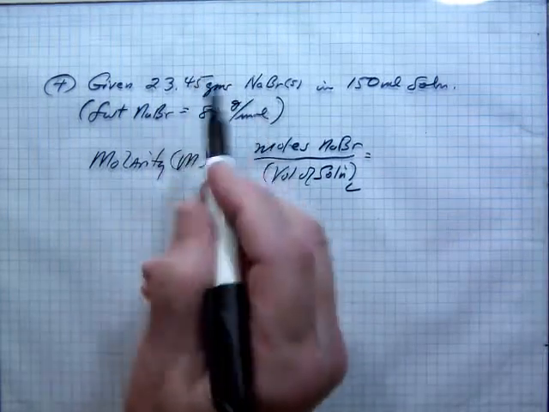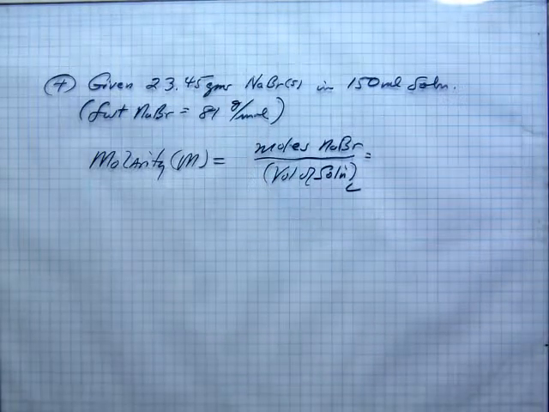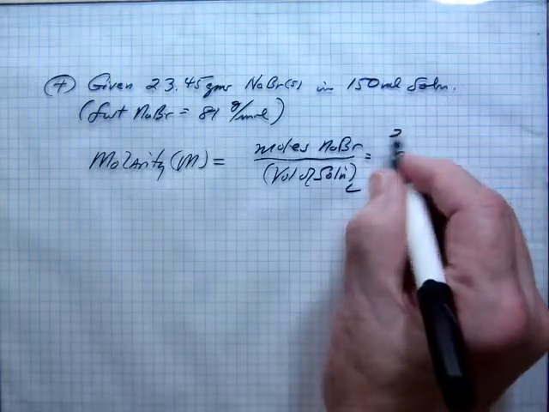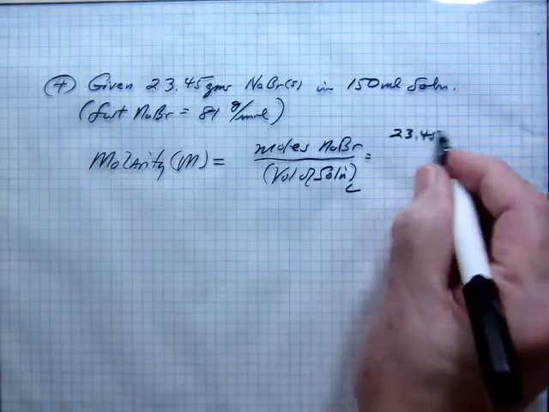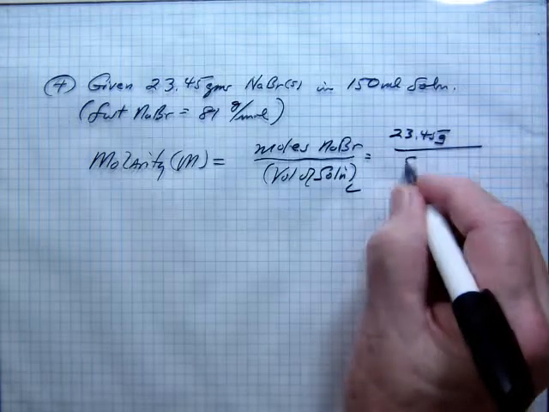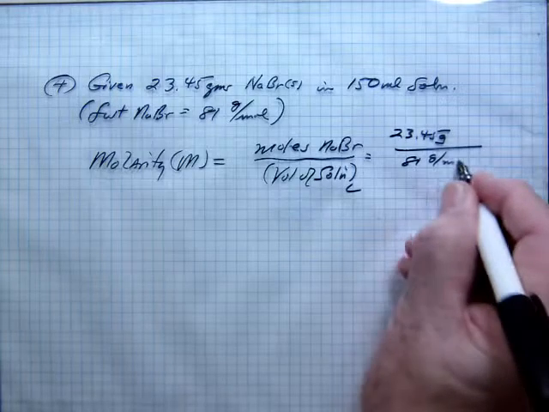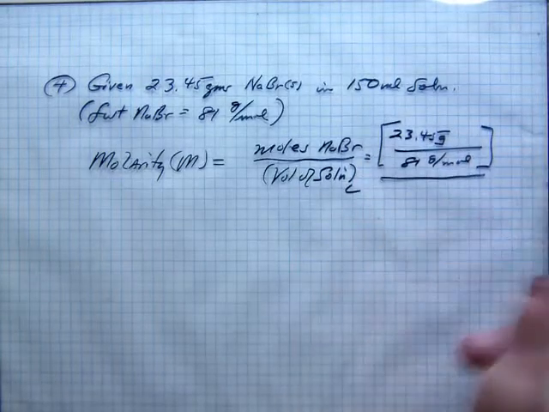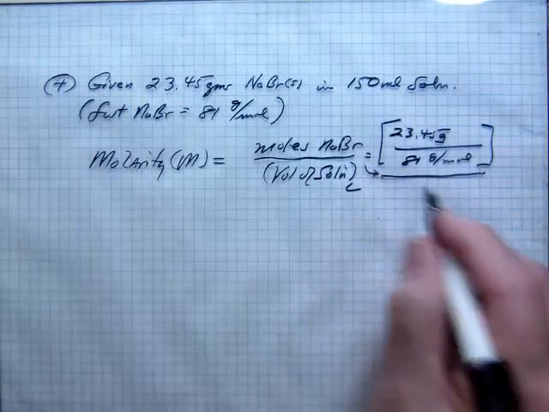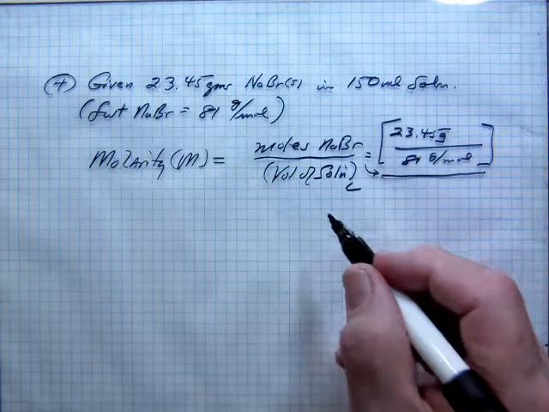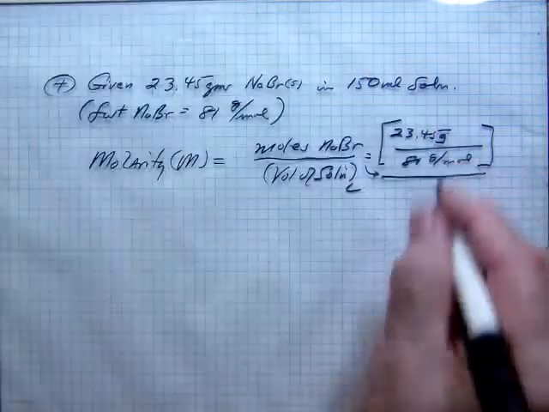Now, moles of sodium bromide: grams is converted into moles by dividing by formula weight. So we take the 23.45 grams divided by 81 grams per mole, and we bracket that as a numerator, divided by the volume, which needs to be in liters.